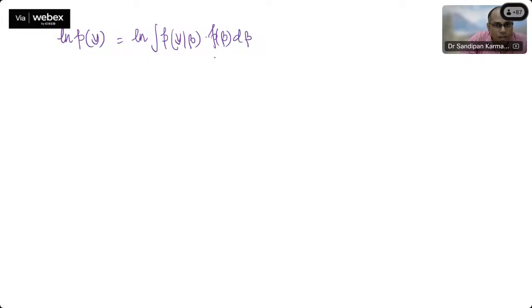That is greater than or equal to ln of the integral where, instead of p y given beta, we have used h of beta comma xi multiplied by p of beta, d beta. And this we call the lower bound on xi.